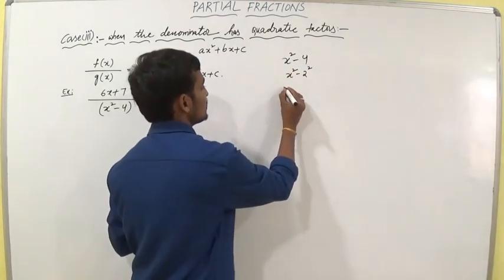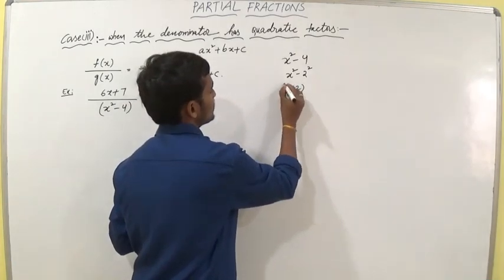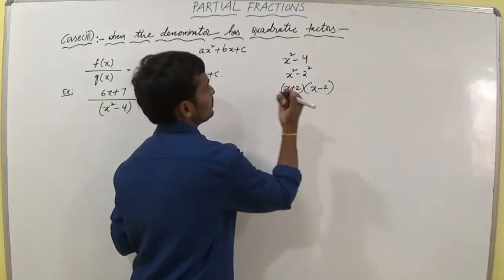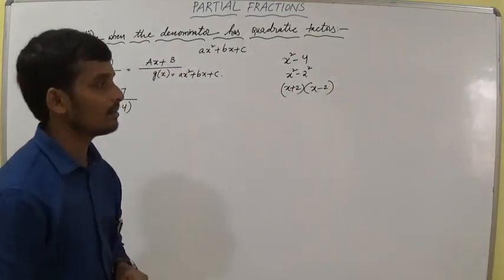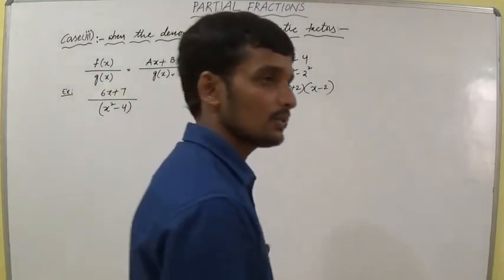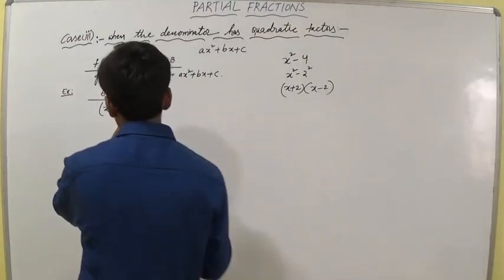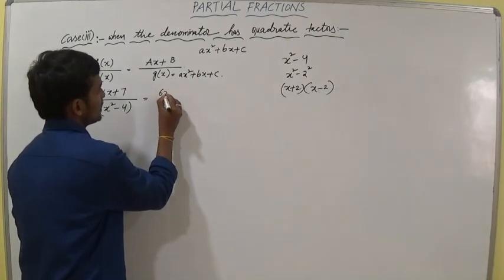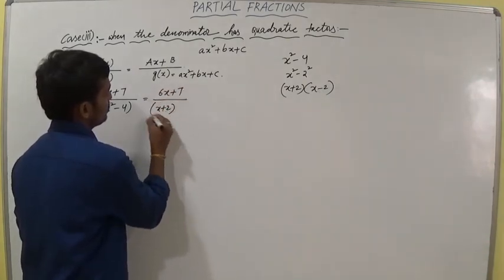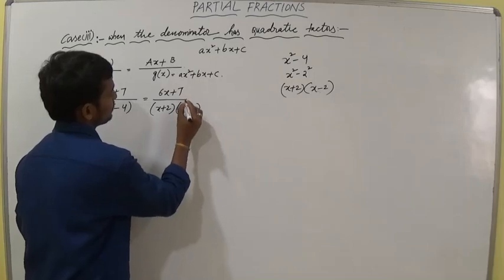That means it can be factorized like this: x plus 2 into x minus 2. Now I am writing this as 6x plus 7 by (x plus 2) into (x minus 2).